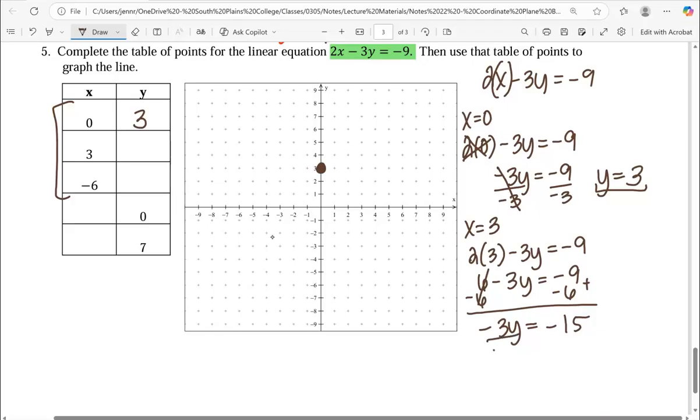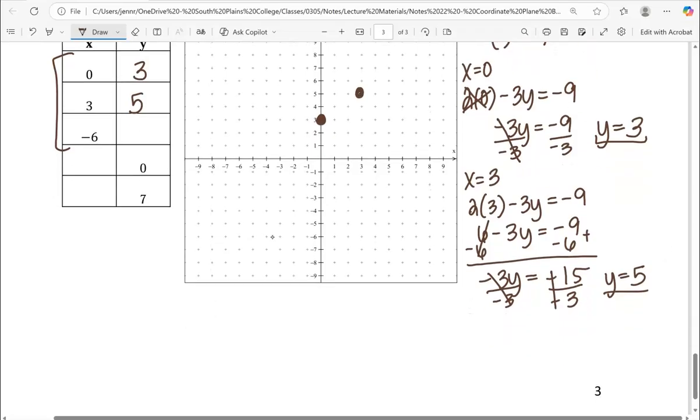Then, to get y by itself, break that negative 3 away by dividing it to the other side. Leaves me y equals, negative and negative turn positive, 15 divided by 3 is 5. 3 on the x-axis, 5 on the y-axis.